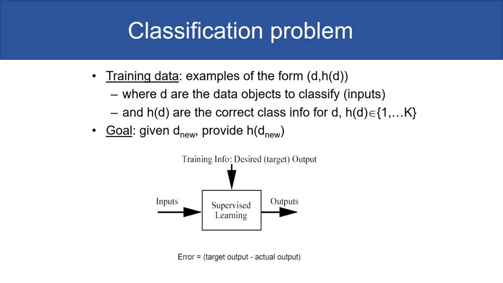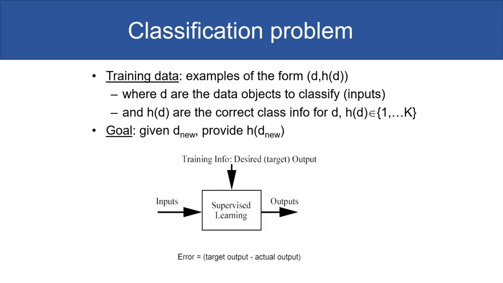So the classification problem: in training data, we have examples. D are the data objects to classify, and H of D are the correct class info for D. This is supervised learning, and by the way, the Naive Bayes algorithm is also a supervised one, because we know what the outputs are.